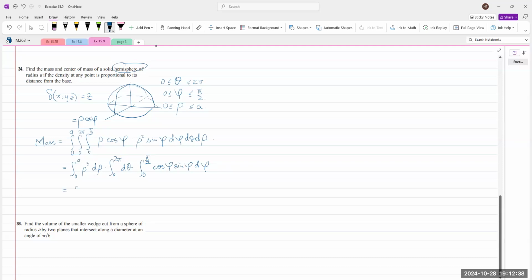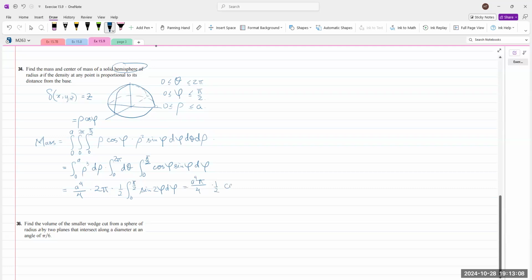This will be a to the 4th over 4 times 2 pi times 1/2 integral from 0 to pi over 2 of sine 2 phi d phi. That's pi a to the 4th over 4 times 1/2 cosine.